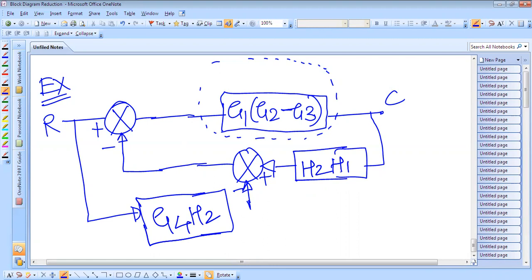Now what happens? We have to interchange the summing points.